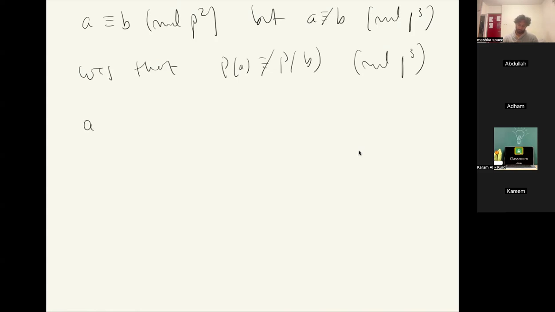So we can write B is congruent to A plus K times P squared mod P cubed, where K is, sorry, definitely not 0, like 1, 2, up to P minus 1, one of these. Does it make sense? Yes.